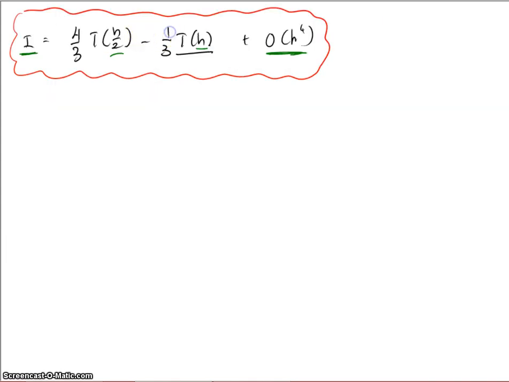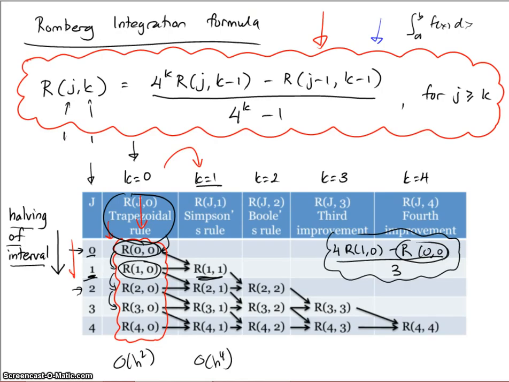So if this represents one segment, this would be two segments, correct? And you can see that you have 4 over 3 of the two segment minus 1 over 3 of the one segment. So this is the idea behind the Romberg integration. You're just combining two solutions of lower order accuracy to get a higher order accuracy using the formula that you get from Richardson's extrapolation.